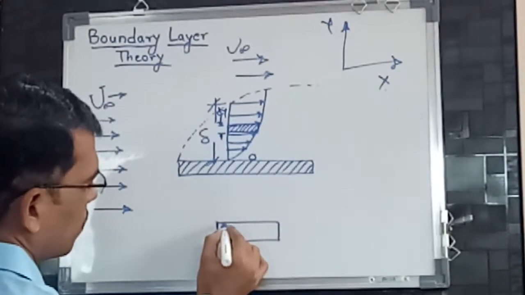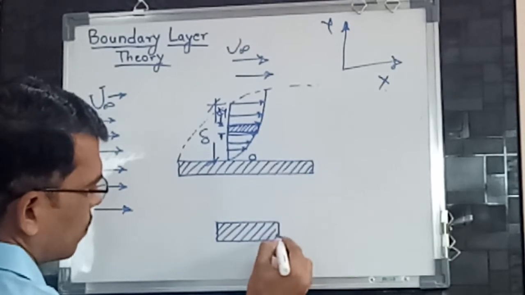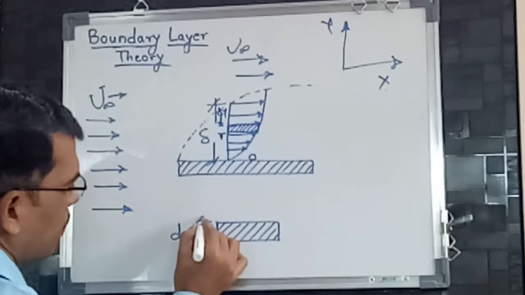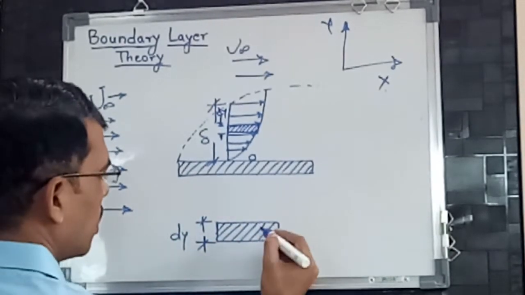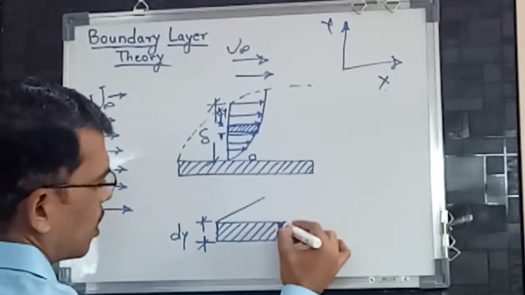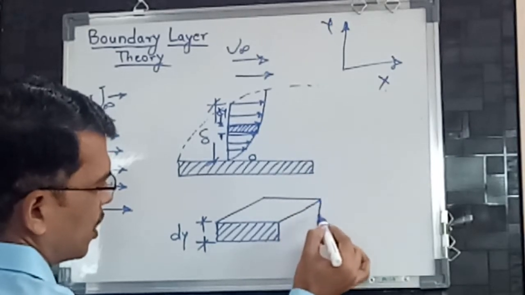Now see here. This distance we consider as dy. Now see, at this element I will elaborate. This is one particular element.